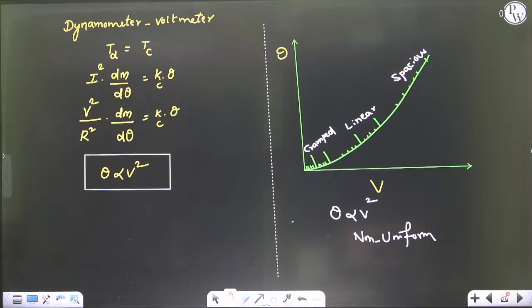Please make a note of these points. Have you noted? Yeah.